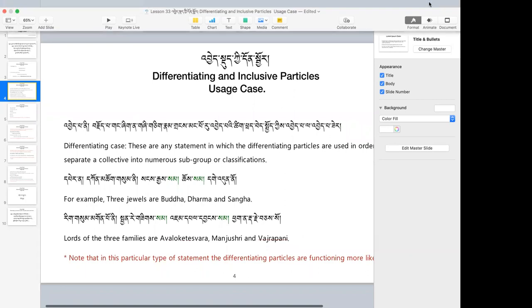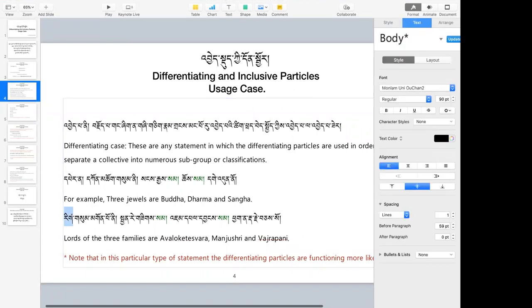And similarly, Riksung Gompo Ni, Jenri Si Sam, Jambe Yang Sam, Chana Dorje Cheso. So here it's the same. We're using the differentiating particle in order to classify the subgroups, or in order to separate or differentiate the subgroups.